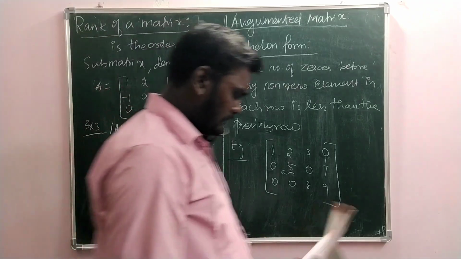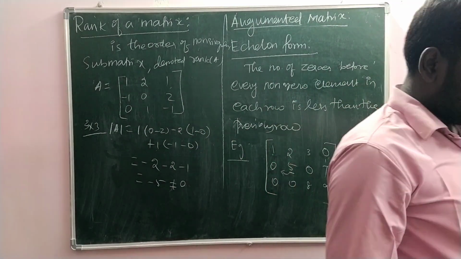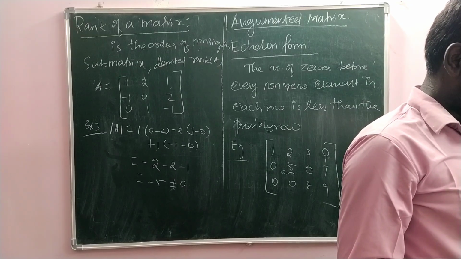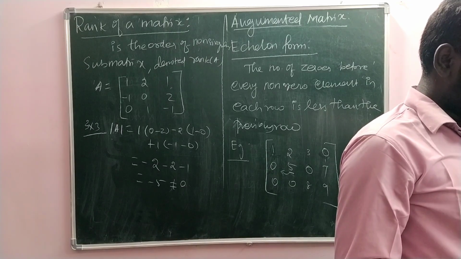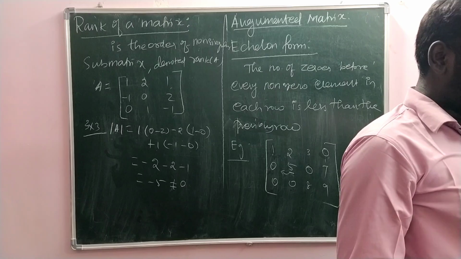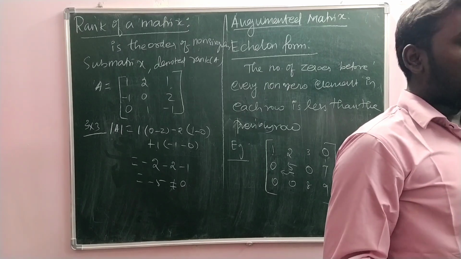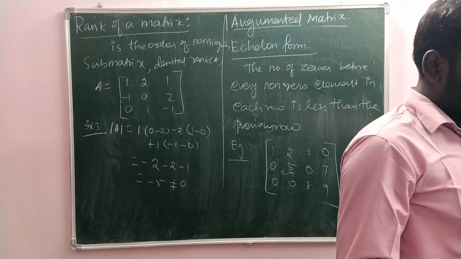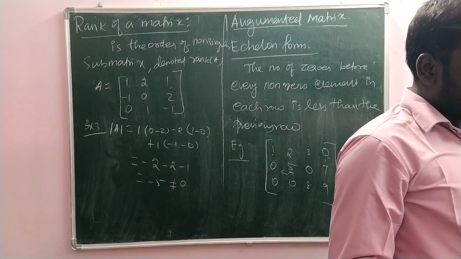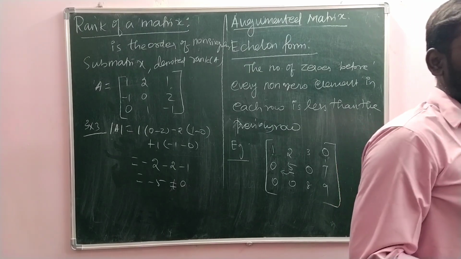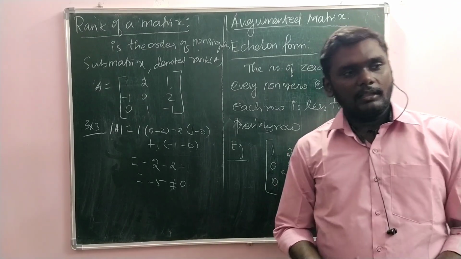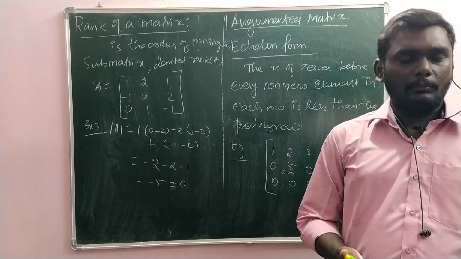Did I say it or not? The submatrix need not be a square matrix in general, but as you are taking the determinant, you should take a square submatrix. So in this definition, the maximum order of a non-singular square submatrix.